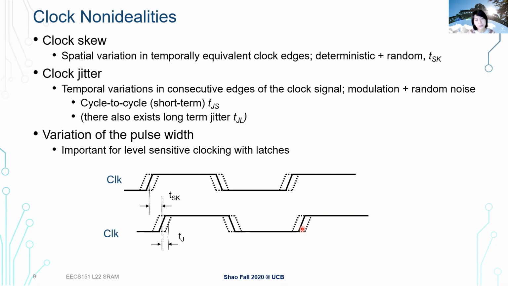So we'll be mostly focusing on flip-flop-based design, and very importantly, skew and jitter will also affect the timing analysis. We'll see an example of how clock skew changes the way we think about the clock, and how it affects the setup and hold time constraints. For jitter, you can also convert the jitter constraint into a skew constraint.